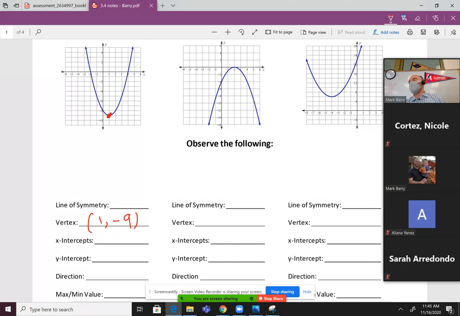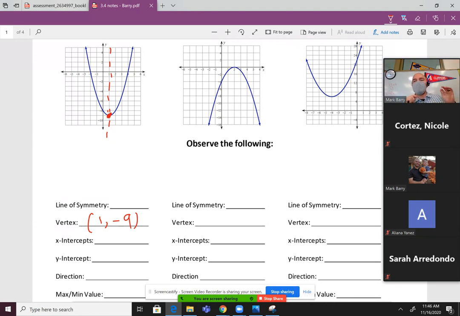Now the line of symmetry is an imaginary vertical line that goes right through the vertex. It is right here. Symmetry means it's the same on the left and the right. For any of you who have an art background, in art they talk about symmetry: this side looks like that side. You could fold the piece of paper over that dashed line, and the two sides of the graph would match up.